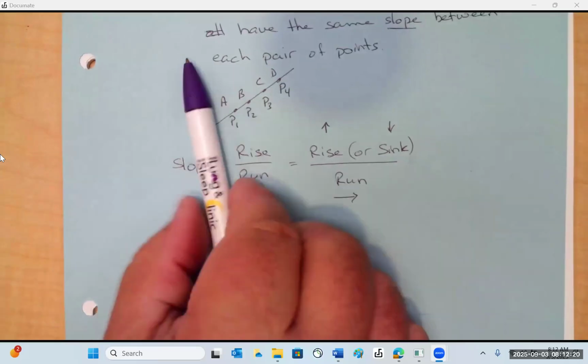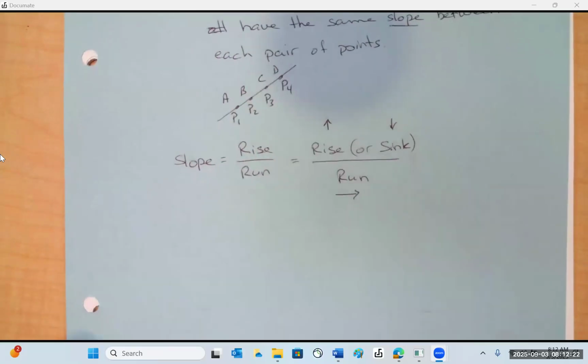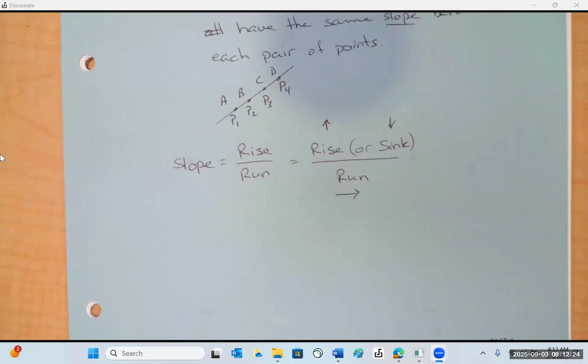You notice how I'm going left to right. I'm labeling them that way. So every point has to have a universally accepted manner by which you could locate them and identify them.